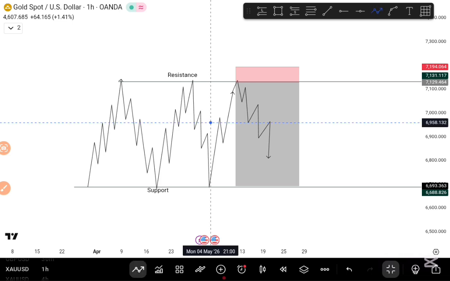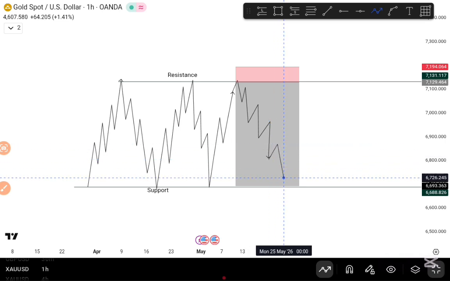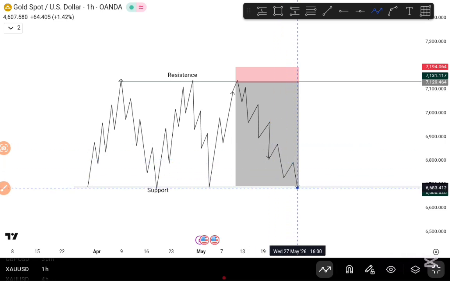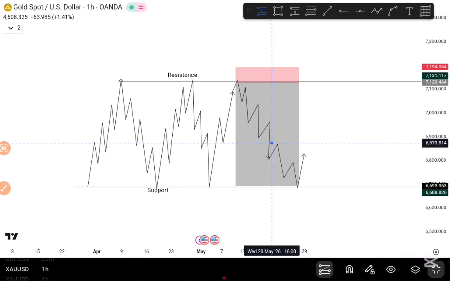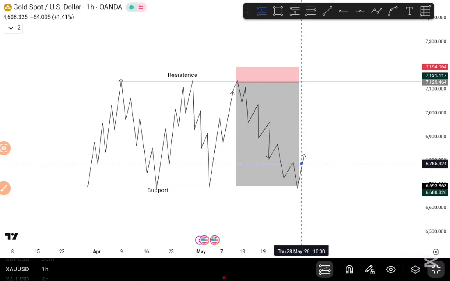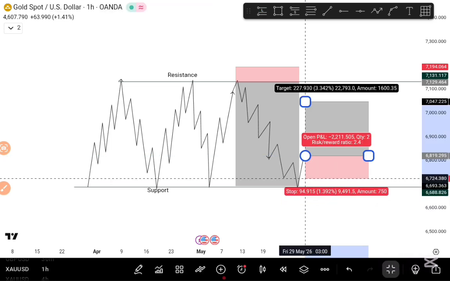If I'm to buy, I would want to wait for the market to come to this level and give me a market structure pattern. Then I'll be looking for a way to long, probably from this point here. Stop loss is somewhere here.